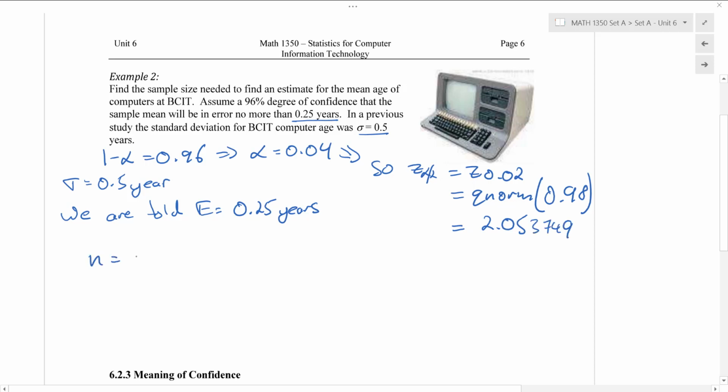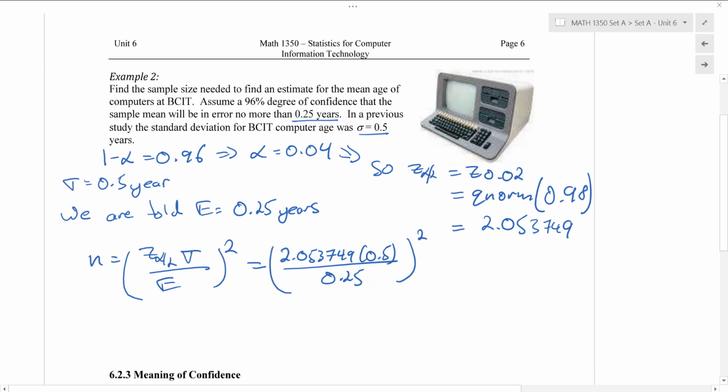We can now combine everything together. In our formula for N, we have Z alpha over 2, we have that. Sigma, happily, we have that. And the E is given, it is imposed on us. All of these numbers we can crunch in here. Standard deviation, our desired E, and we'll square the whole thing. At the end of the day, we're achieving something like 16.8. Of course, we should always round up.